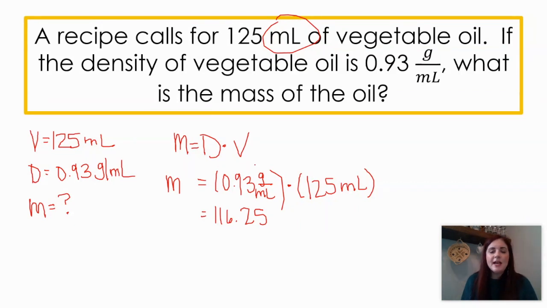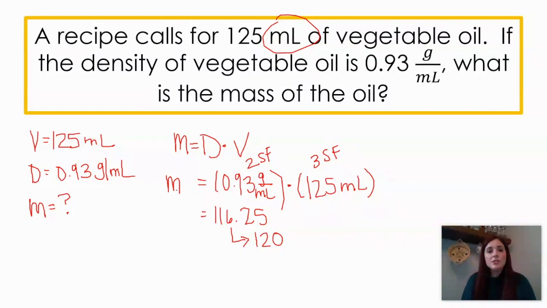This density value contains 2 significant figures, whereas this volume has 3 significant figures. We want our answer to have the lesser number of significant figures, which is 2. So how would I round this value to have 2 significant figures? We are going to round it up to 120.